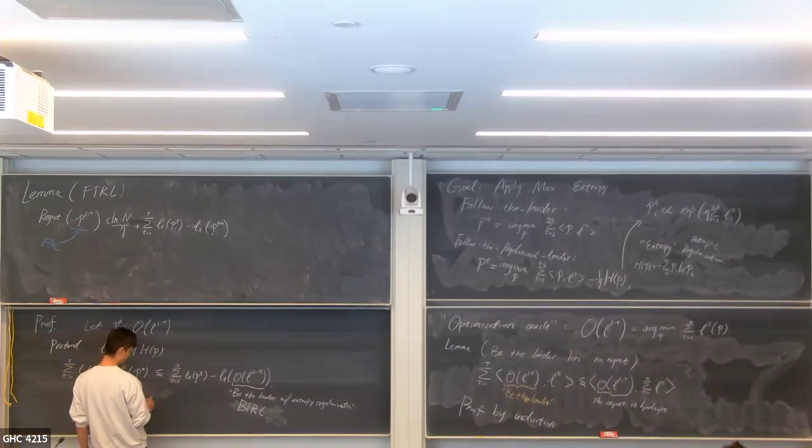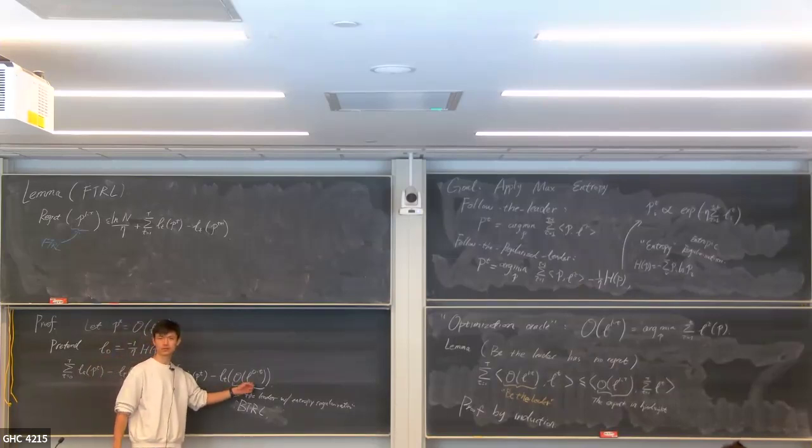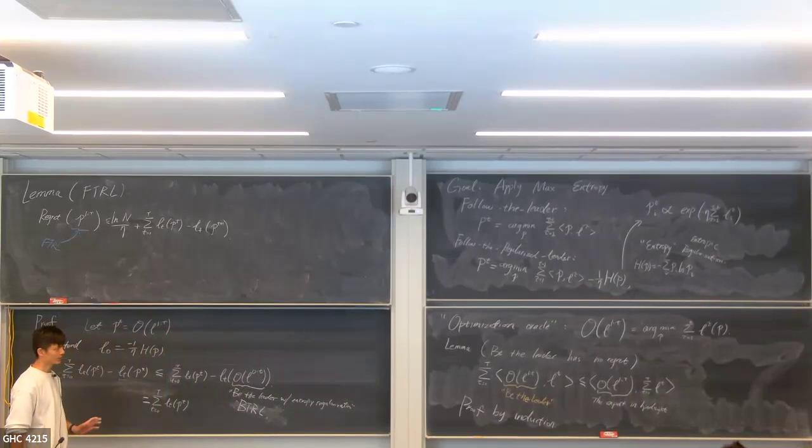And conveniently, what is this term? Again, look at the loss up to round t, add another regularization term to the loss objective, and optimize fully.